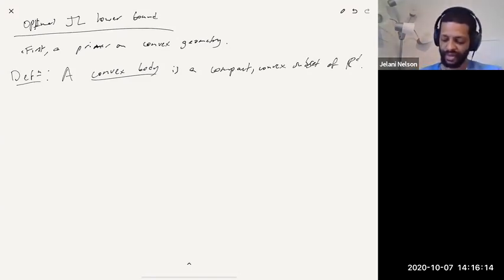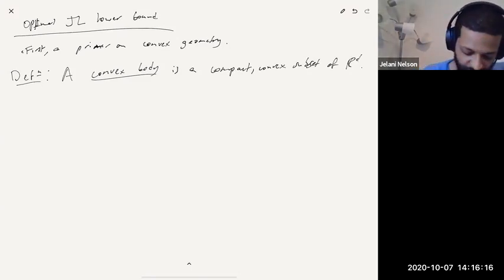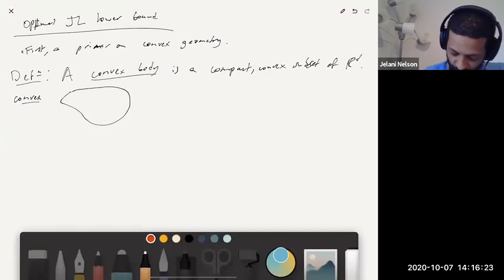Okay, so if you don't know what these terms mean, convex just means that if you look at the body and take any two points in it, and you look at the line between those two points, the line is not allowed to leave the body.